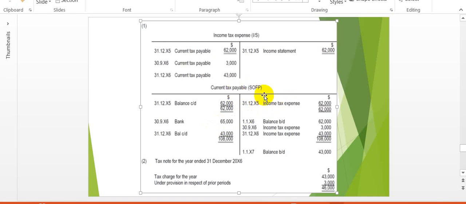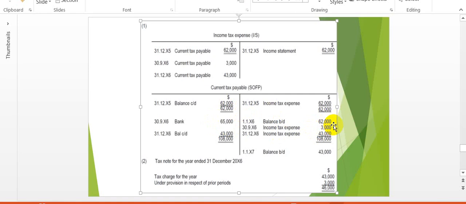Remember, this account is closed there, opened this side as a liability, the credit balance, the 62. Then we paid 65, so we paid more than the expense.